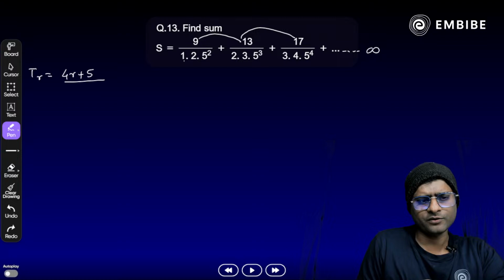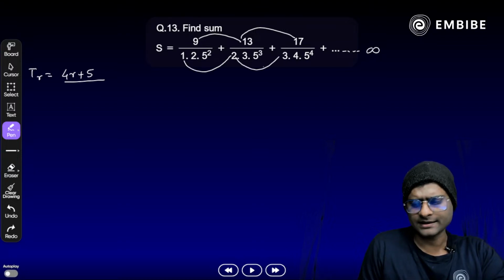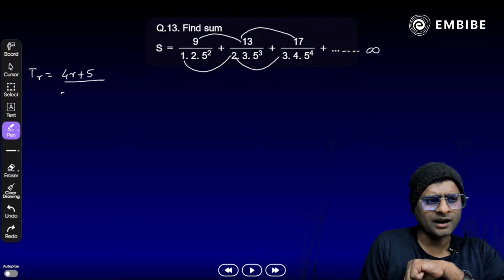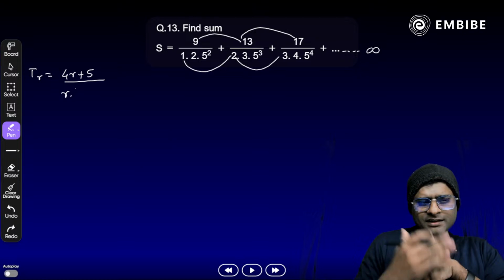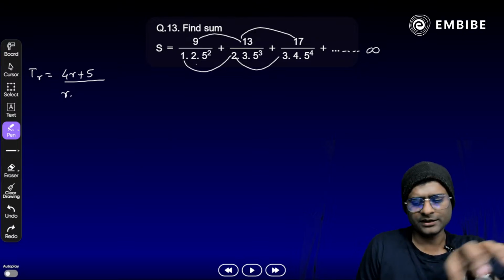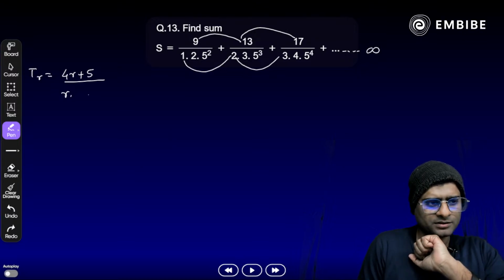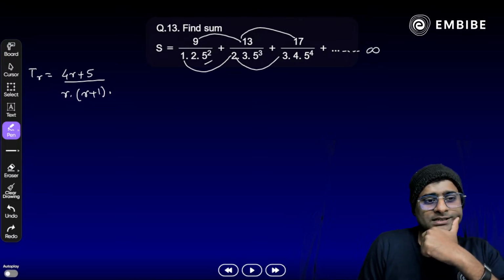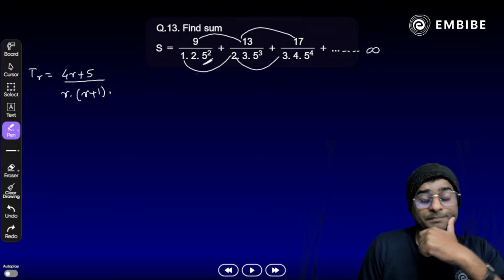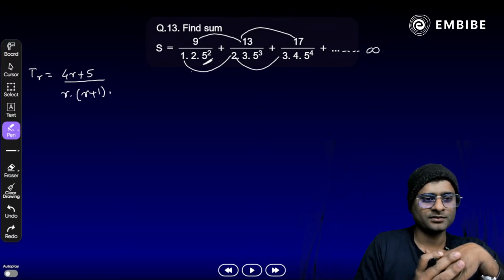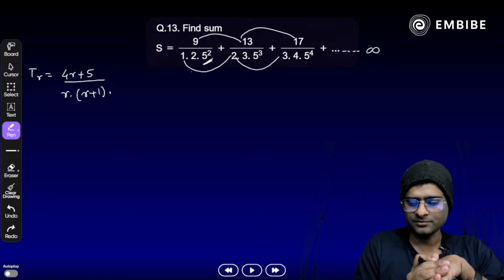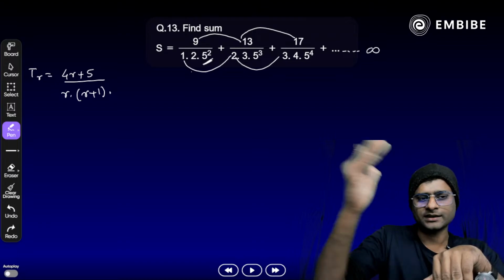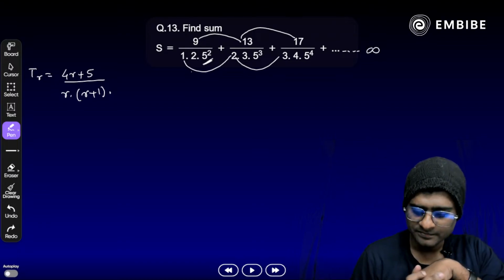We have 1, then 2, then 3 and so on, so can we write r, then we have one more successive number, like 1 into 2, so that should be r plus 1, and 5 square. Yes, the power starts from 2 here. If it were only 5, you could write 5 raised to power r, but it starts from 5 square.